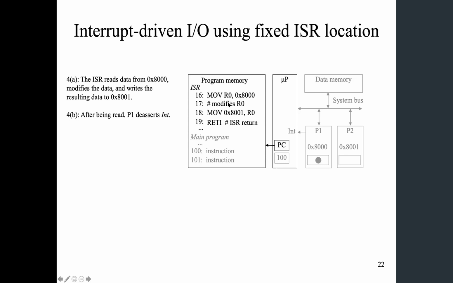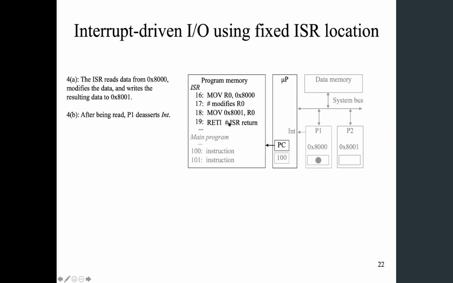And there could be some other instructions following to modify the value of this register. And if we're satisfied, we'll then output this data to peripheral P2. So we move R0 to this address here to write this new value to the second peripheral.